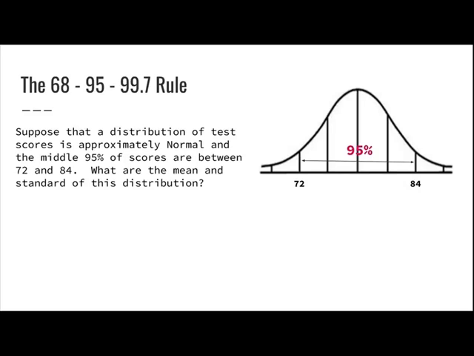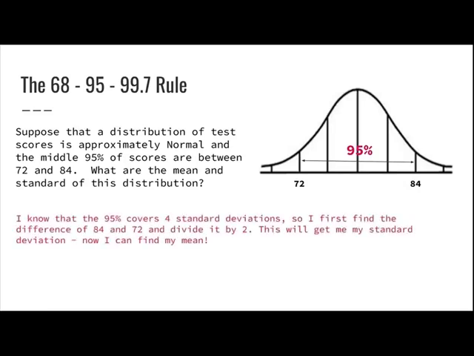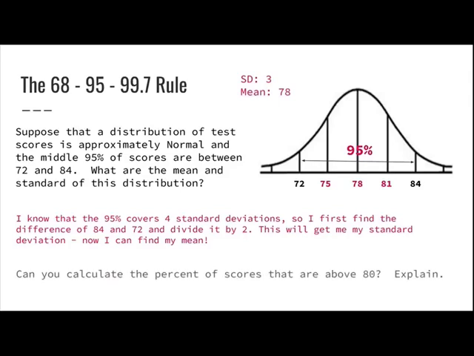And remember, these are all evenly distributed. So what we're going to do is take 72 and 84, subtract them, and divide by 2. This will get you your standard deviation. Once you have your standard deviation, you can figure out what your mean is. So my standard deviation ended up being 3, and my mean was 78.